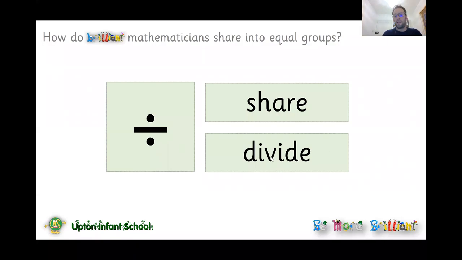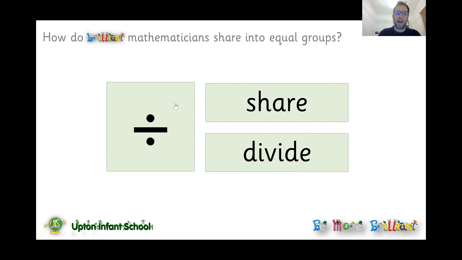Can you make that divide sign at home as well? Let's do it together. Line, dot, dot, divide, and again. So that's what our divide sign looks like. We use it to work out problems where we have to share.